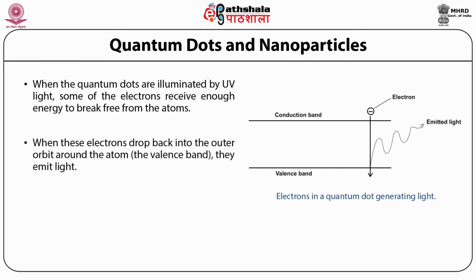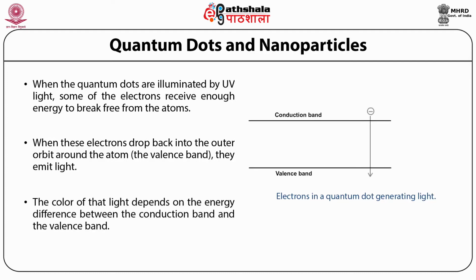When the electrons return back to the original orbit around the atom, or the valence band, light is emitted whose color depends on the difference between the conduction band energy and valence band energy, which you all can see in this figure. So in this figure, electrons in a quantum dot generate light.